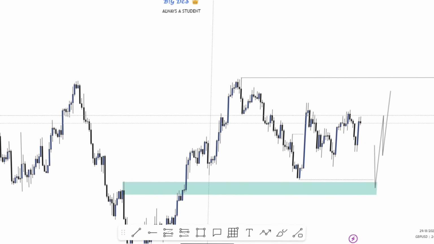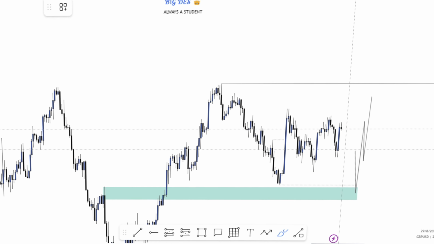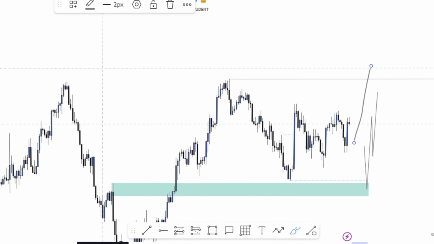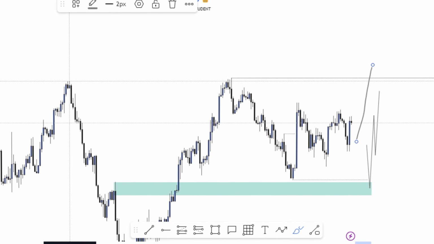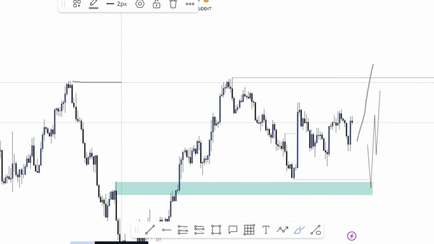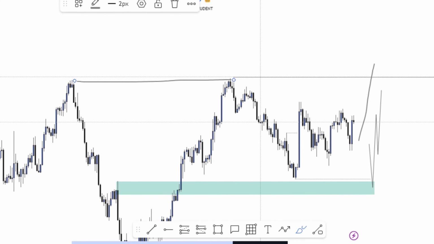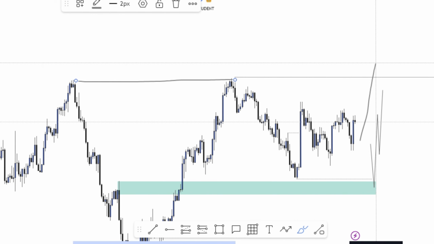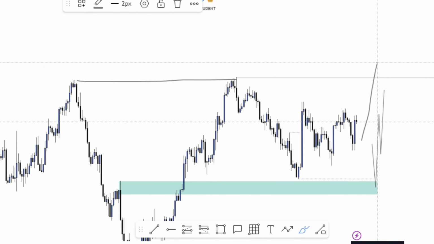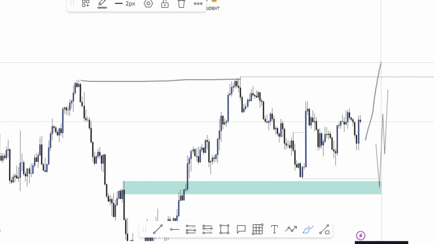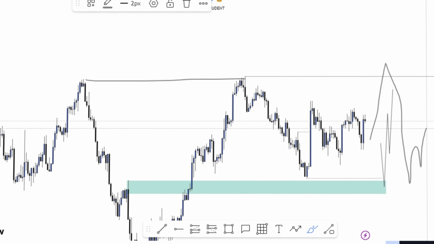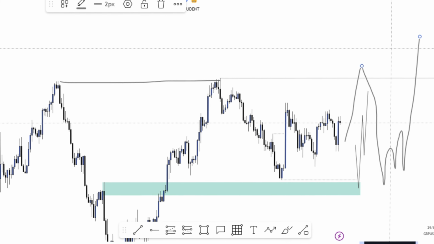Once that happens, the low that was formed after the high that was wicked is going to be our next vulnerable low, which means we expect price to take it out before we continue higher. That's when price will have to mitigate this, and after the mitigation, we get the buy to get in.